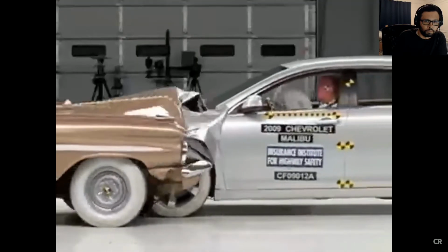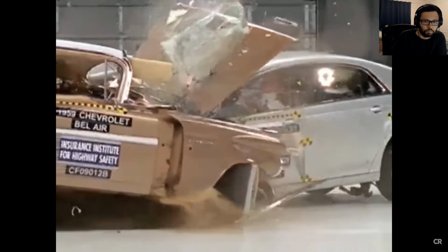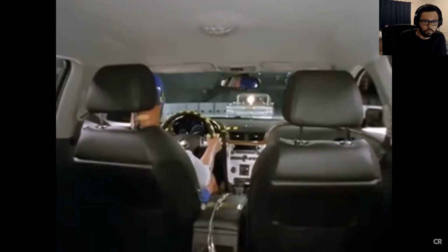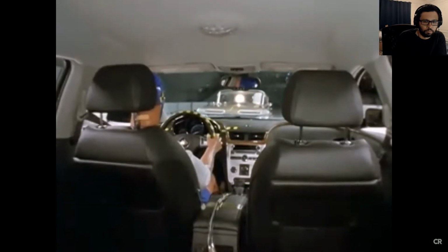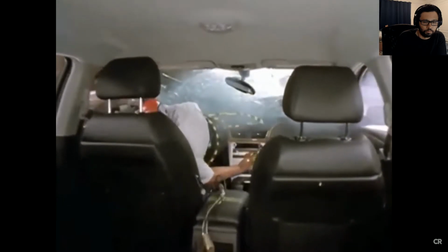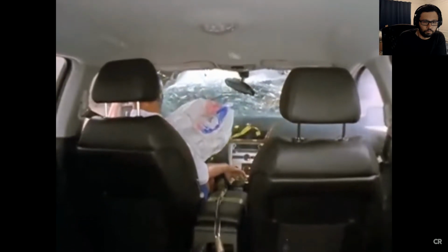The impact is made worse for the Bel Air driver by the lack of airbags, head restraint, and even a seat belt. As a result, injuries to the neck, chest, and both legs would be likely. Consequently, the Bel Air receives a poor rating across the board. On the other hand, the modern Malibu provides good protection, with the dummy movement being well controlled. Measures indicate a low risk to most body regions, though a foot injury would be possible.